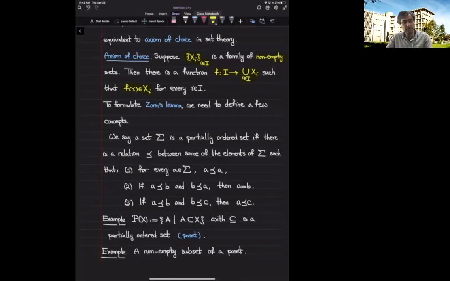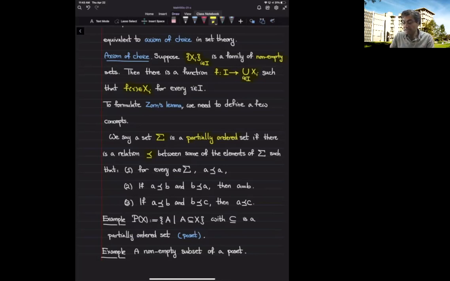Okay, let's start with what a partially ordered set is. A set, let's call it sigma, is called a partially ordered set if we have a relation between the elements of them that's kind of like comparing. So we have this kind of relation, and this relation is supposed to be like an inequality.